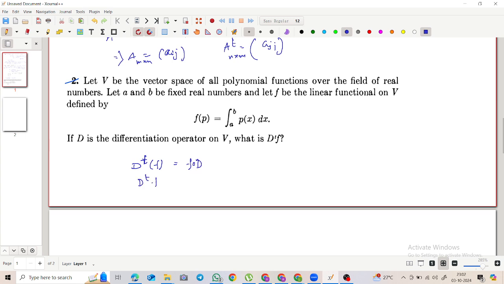So D transpose f at a polynomial p is f of D p, that is f of p prime, I mean the derivative of p, that is the integral from a to b of p prime x dx, right? You are just integrating, that is p b minus p a, right?